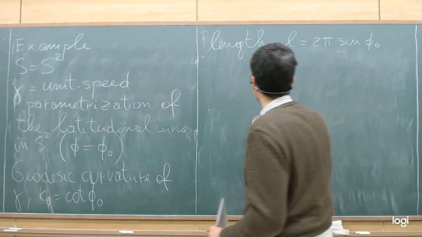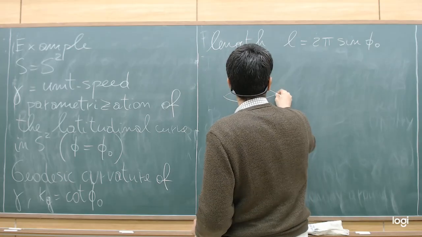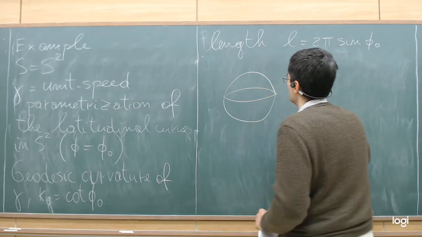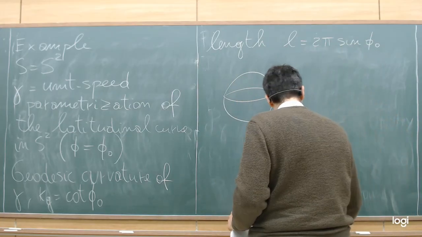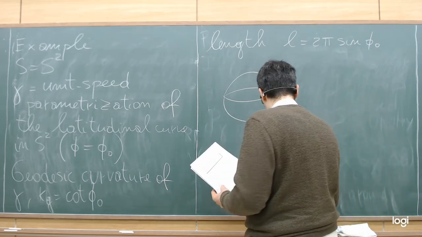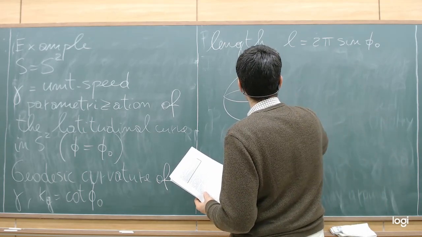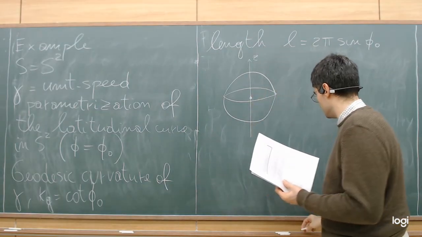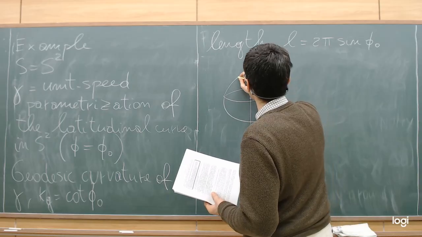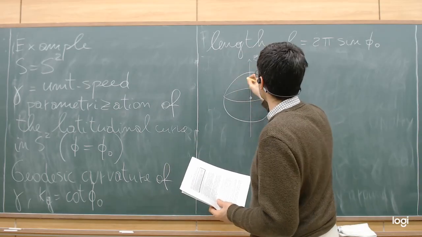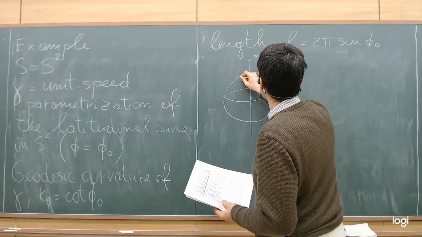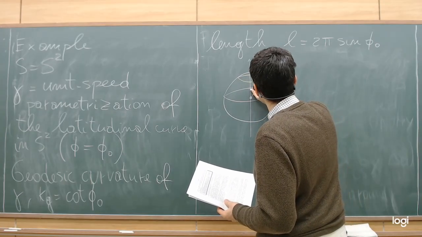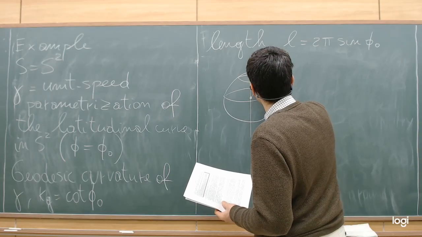Maybe it's a good idea to make a picture. So let's assume that this is a sphere of radius 1. Then if this is the vertical z-axis and this is the origin, then a latitudinal curve in S2 looks like this, where phi 0 is this angle.